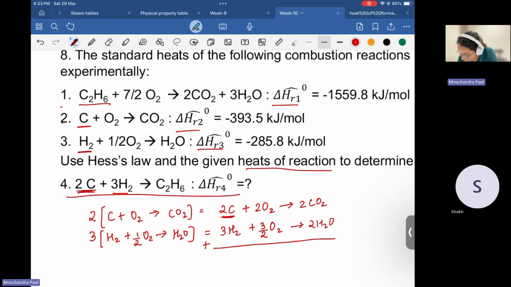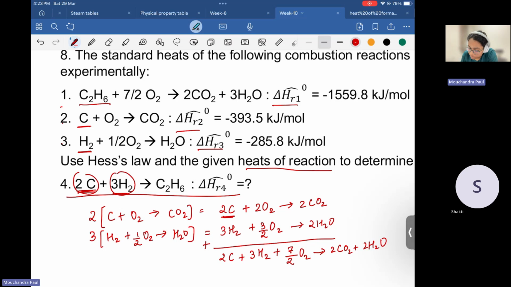Now if you add these two, you would get the left hand side of your fourth reaction: 2C plus 3H2 plus 7 by 2 O2 plus 2 CO2 plus 2 H2O. Now this is after adding these two.